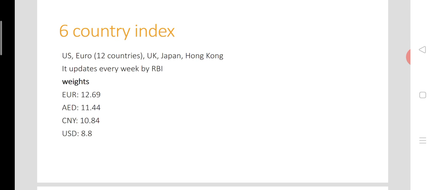So the nations could vary, the weights could vary, the currencies could vary, but it doesn't matter. All the 6 countries in the index will be large trade partners of India. So this is in fact a trade weighted index, and weights are assigned by the RBI. Weekly it will be updated. The countries may change in the list.